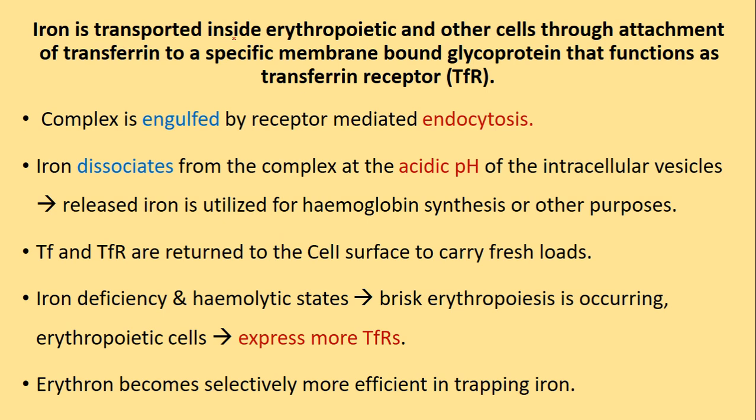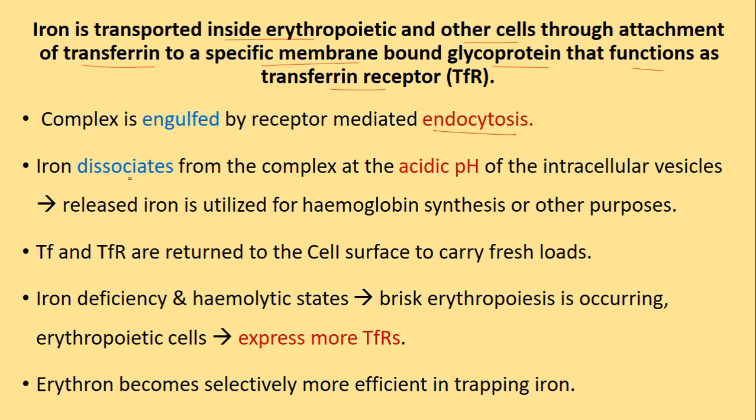The iron is transported inside erythropoietic cells as well as other cells by attaching to transferrin, and this transferrin attaches to a specific membrane-bound glycoprotein that functions as a transferrin receptor. The complex formed is engulfed by receptor-mediated endocytosis.